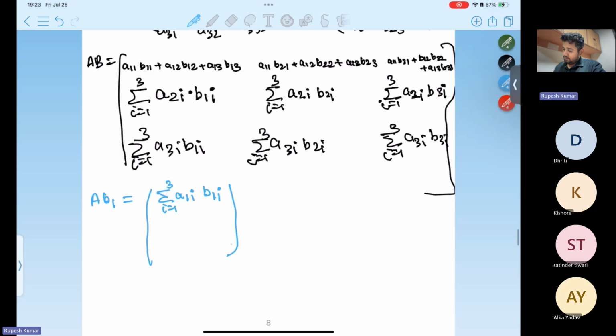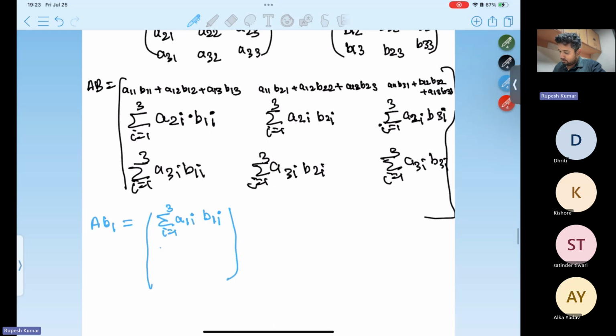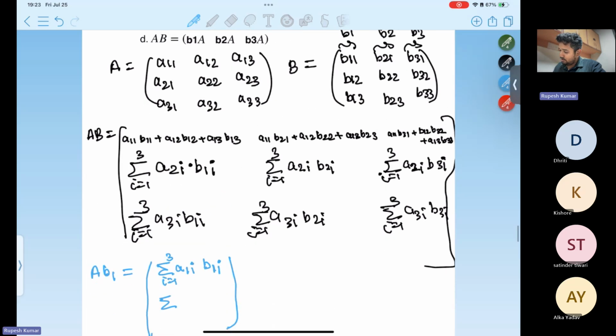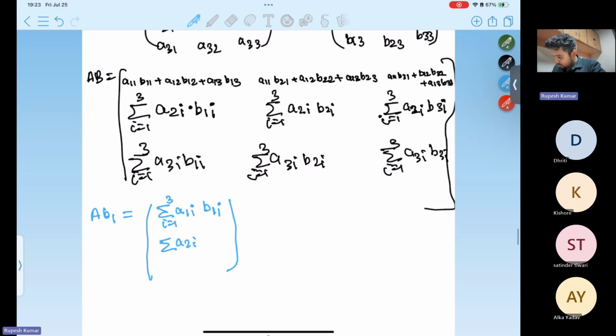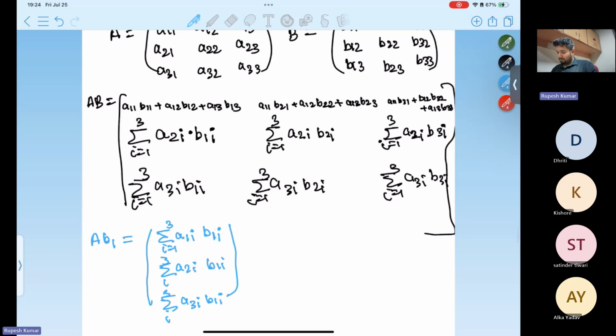This will be the first entry in this vector. The second entry will be summation A2I B1I, I goes from 1 to 3, and then A3I B1I, right? This is AB1, right?